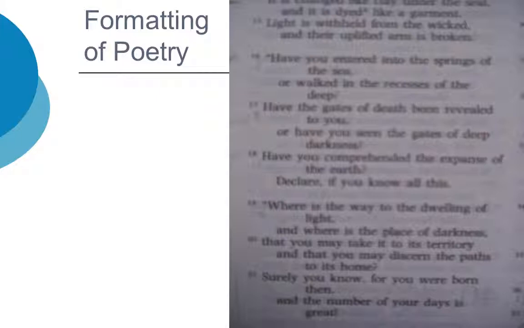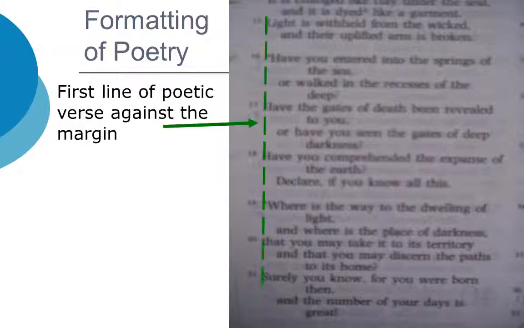The first has to do with the first line. The first line of the poetic verse is hard up against the left margin, but because many of our Bibles are in columns, the columns are not wide enough for these sentences.